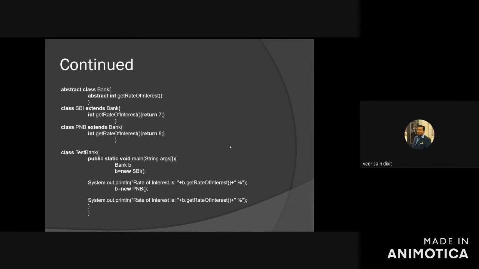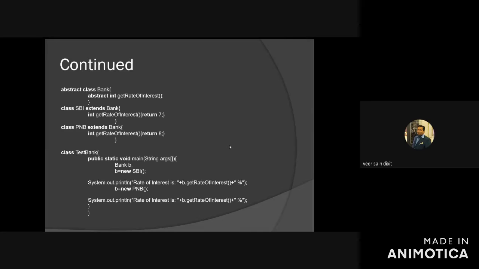Now there is a class TestBank, in which within the main method you have created object reference b of type abstract class Bank, and this is storing the reference of subclass SBI, right?